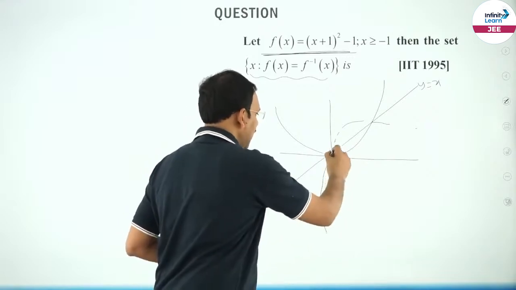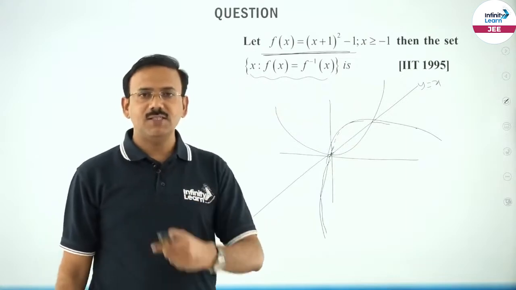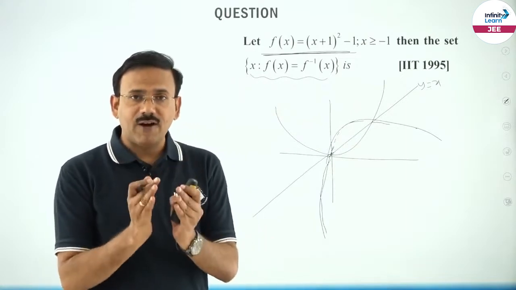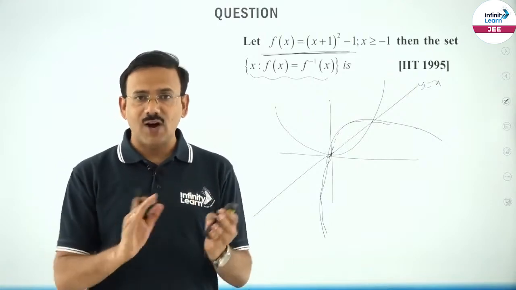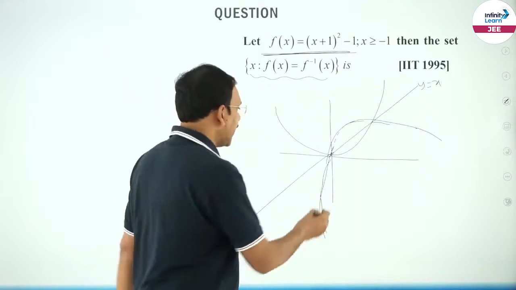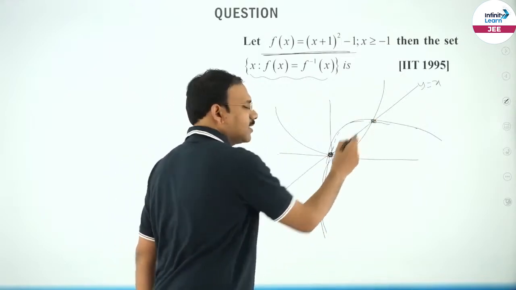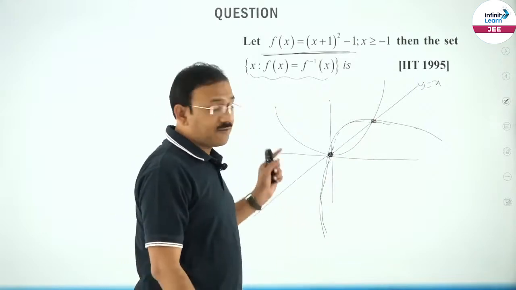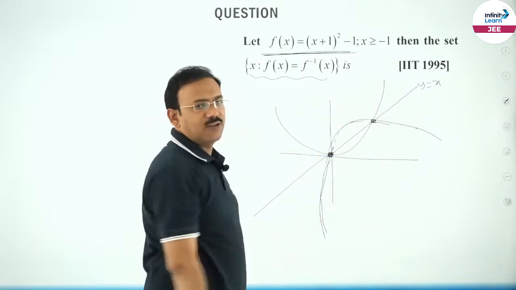So, the most important point is the graph of f of x and f inverse of x will be reflections of one another about the line y is equal to x. So, every point of intersection of f of x and f inverse of x, if the graph is continuous, must also lie on the line y is equal to x.